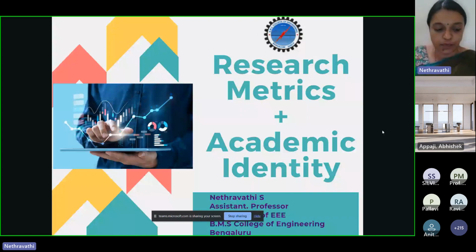According to the research which is conducted, I listed some seven to eight points, right? All of these together contribute to research identity. These are very important for enhancing your research career and for collaborations.